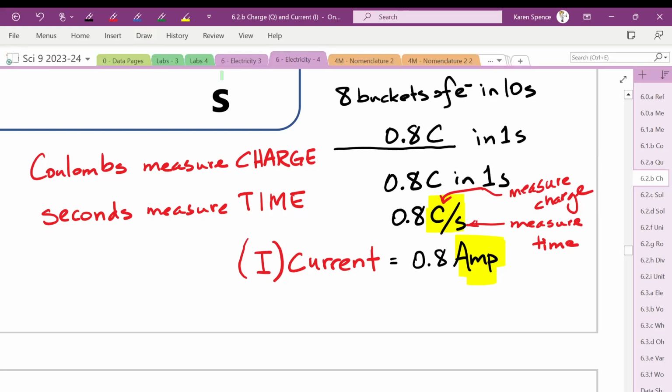So in our formula, coulombs is measured in charge, so we're going to have charge on the top, and seconds measures time, so we're going to have time on the bottom because seconds are on the bottom. So our formula is going to be charge over time. So current is equal to charge over time. And we actually have that on the next page if you're worried about it being unclear from what's written here.